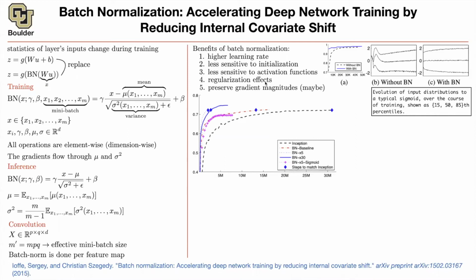This is because we just made a claim that batch normalization is less sensitive to activation functions. You change the activation function to sigmoid, and this is what you get. And these blue diamonds is just how many iterations it takes to reach the accuracy of the inception model. So it's really beneficial. At that time, this paper is a breakthrough when they wrote it in 2015.